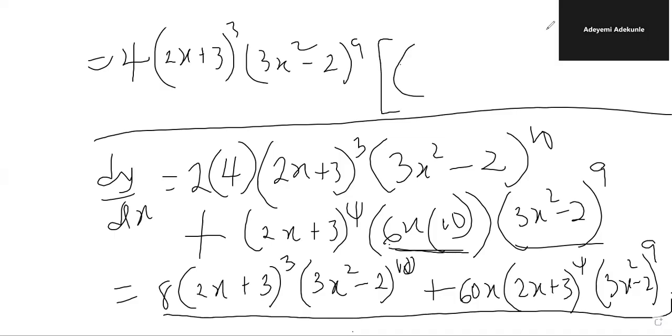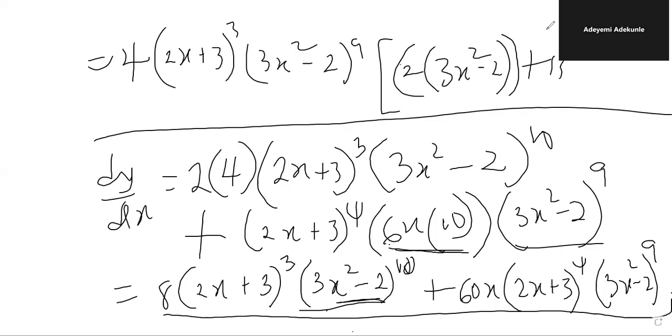So we are now left with, for this now, this has gone. So 4 in 8 is 2. We have 2 left. Then 2x plus 3, 2x plus 3 has gone. Then we'll be left with 3x squared minus 2 raised to power 1. So we can just leave it that way. Then plus 4 in 60 is 15.